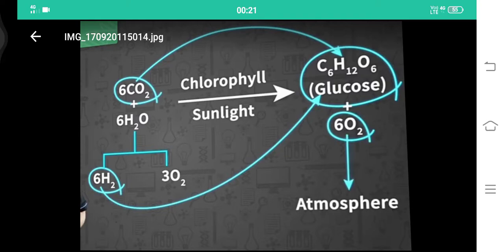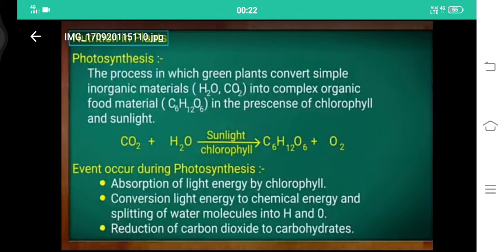In order to make 1 molecule of glucose, how many molecules of carbon dioxide and water are required? 6 molecules of carbon dioxide, 6 molecules of water to prepare 1 molecule of glucose, and 6 molecules of oxygen are liberated. This is the balanced equation of photosynthesis. I hope you understand, children. Clear?